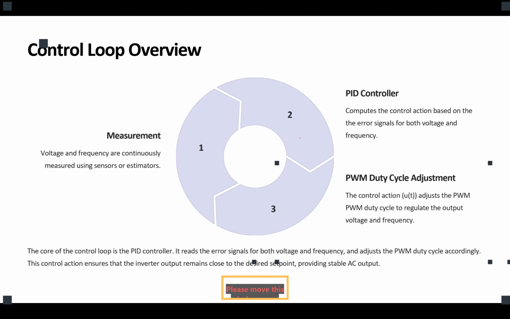This is the loop of PID control, and it's continuous. It's not a single-time loop. It's always working, always rotating through this loop for both voltage and frequency.